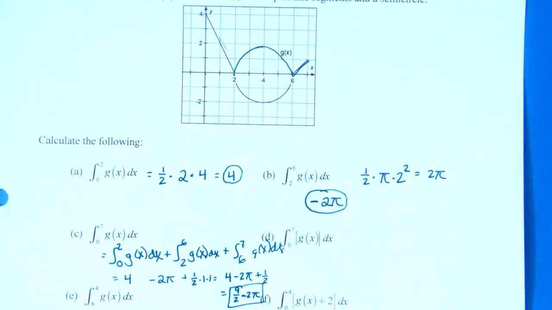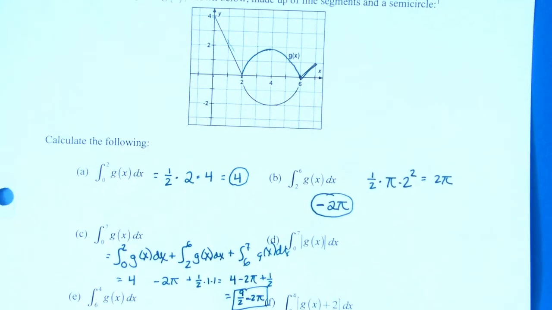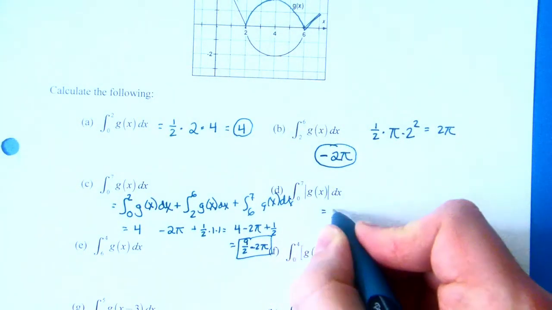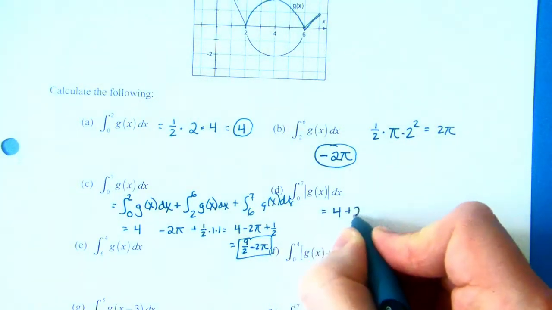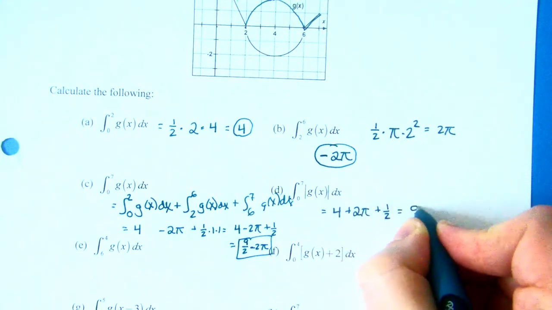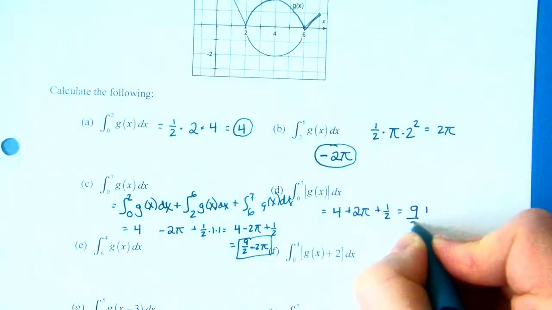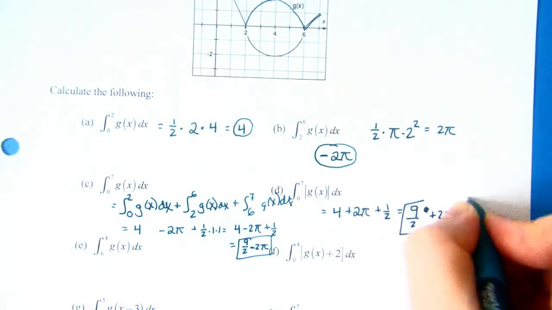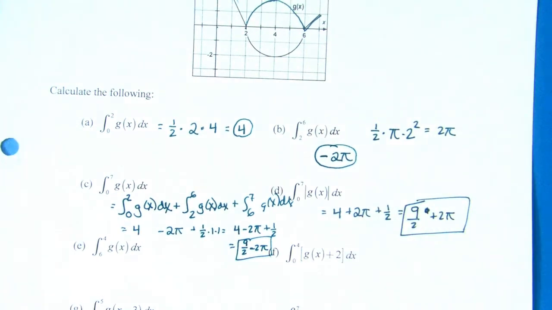So really, each of the regions will end up with a positive signed area this time. This now is going to be the same thing that we did in letter C. You're going to get 4 plus 2 pi plus 1/2, and I think that should give you 9 halves plus 2 pi this time, because again, everything was flipped over the x-axis.